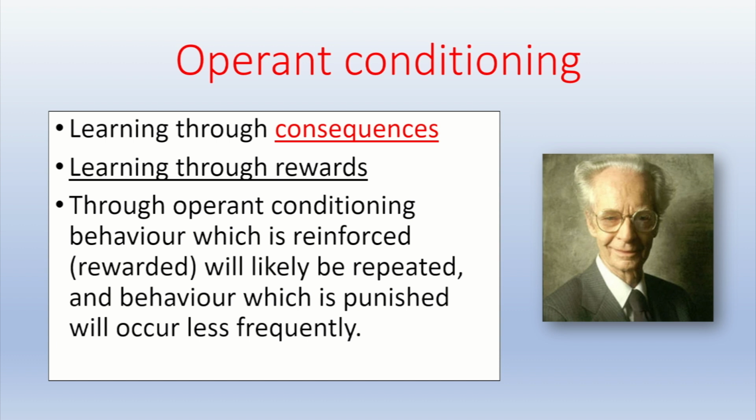If you got a detention for not doing your homework or something like that, then that is a punishment, and therefore you would be less likely to do that behaviour again because you would receive a negative consequence. So the example of the sticker is a positive consequence that makes it more likely that you will repeat that behaviour. But if you receive a negative consequence such as a punishment, you are less likely to repeat that behaviour.